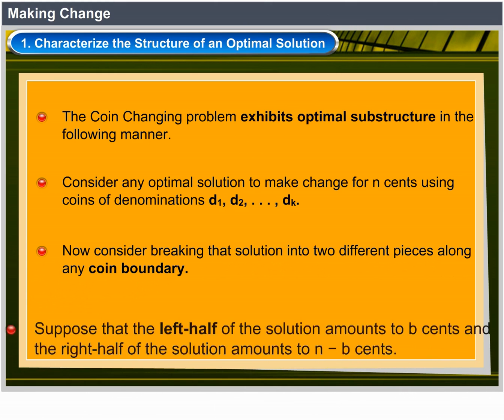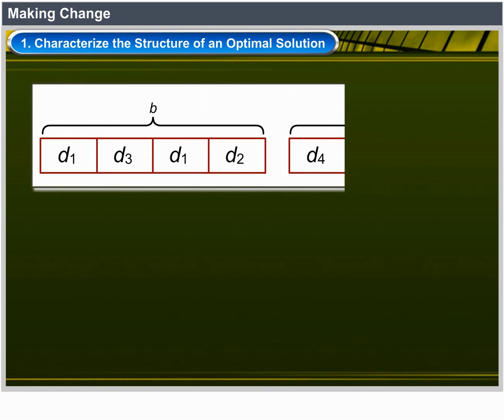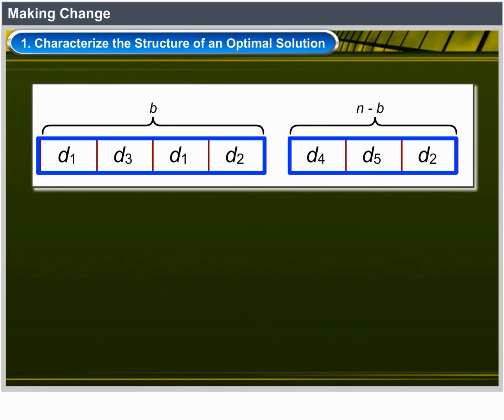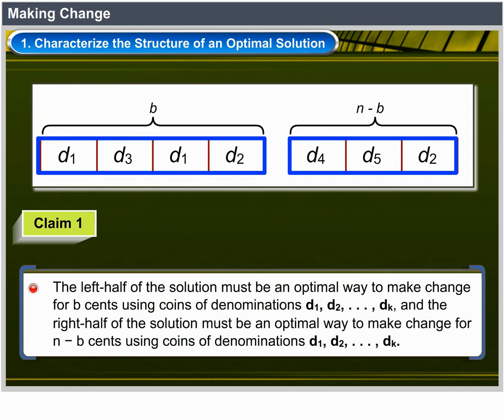Suppose that the left half of the solution amounts to b cents and the right half of the solution amounts to n minus b cents, as shown in this figure. Claim 1. The left half of the solution must be an optimal way to make change for b cents using coins of denominations d1, d2 up to dk, and the right half of the solution must be an optimal way to make change for n minus b cents using coins of denominations d1, d2 up to dk.